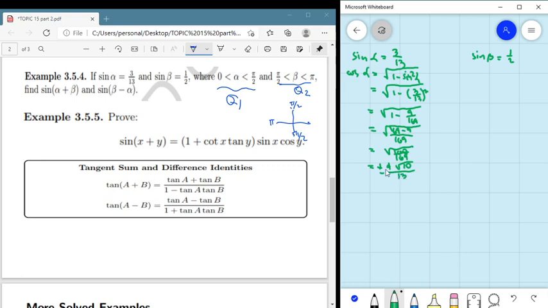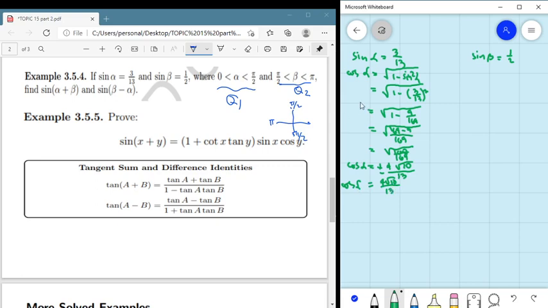That will be our cosine alpha. Since alpha is in quadrant 1, cosine alpha is positive 4 square root of 10 all over 13.